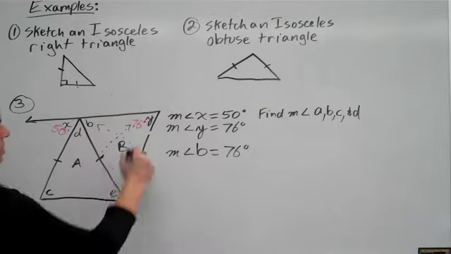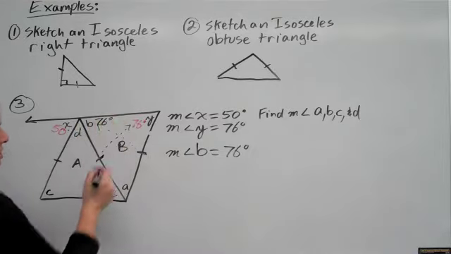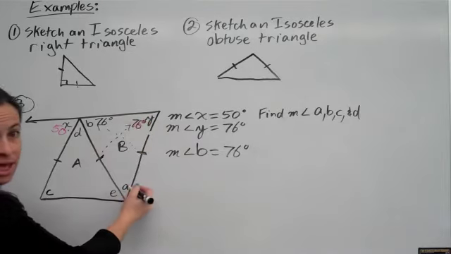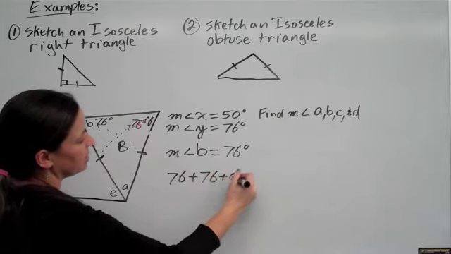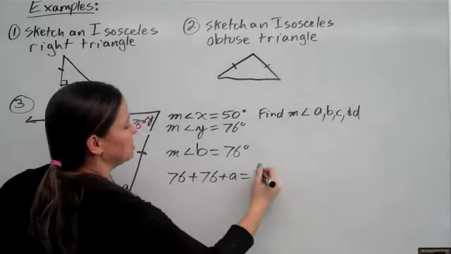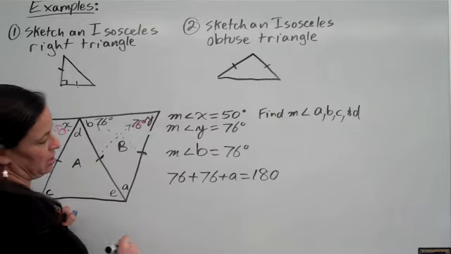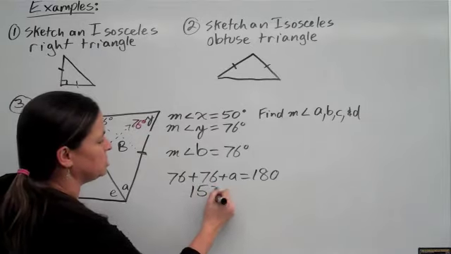Now, if I know that this angle is 76 degrees and this angle is 76 degrees, can you tell me angle A? Well, 76 plus 76 plus angle A will add up to what? What do the angles of a triangle add up to? 180. Very good. So 76 and 76 is 152.